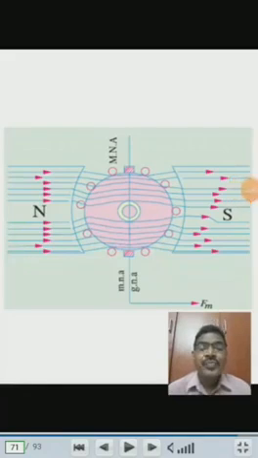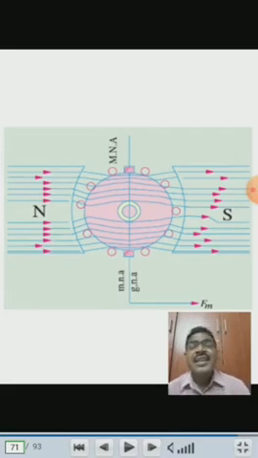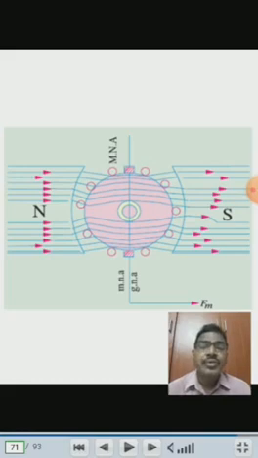Hello everybody. In this video, we will discuss elaborately about the armature reaction process. So you consider this diagram. In this diagram, the field coils are excited. The flux lines are passing from north pole to south pole about its symmetrical axis, right?